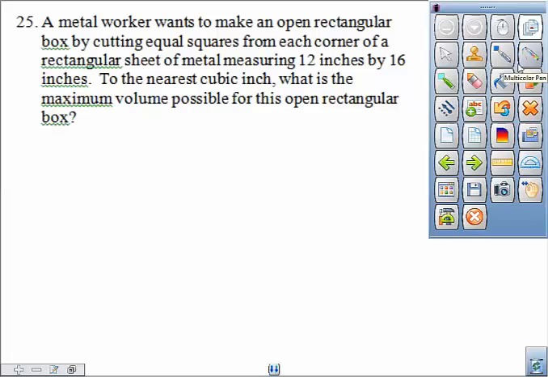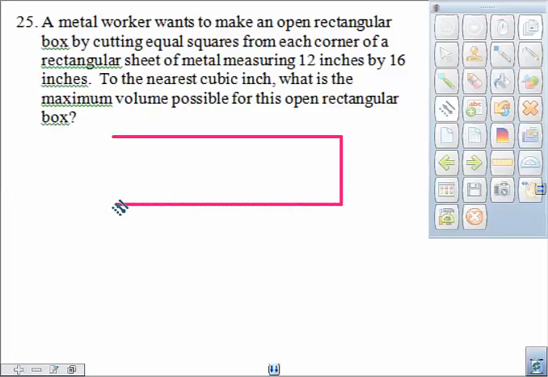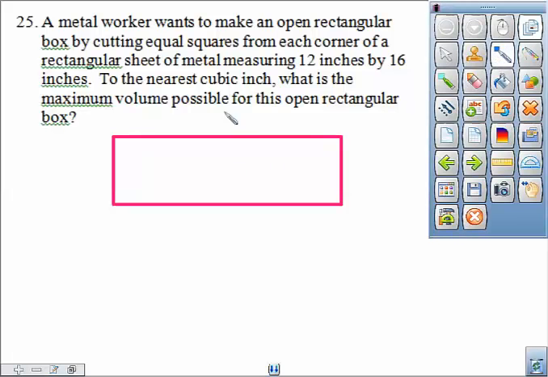Oftentimes with a word problem, your best bet is to start off with a picture. So you have a rectangular sheet of metal that's 12 by 16, and they're going to cut equal squares off of each corner so that they can fold it into a box.